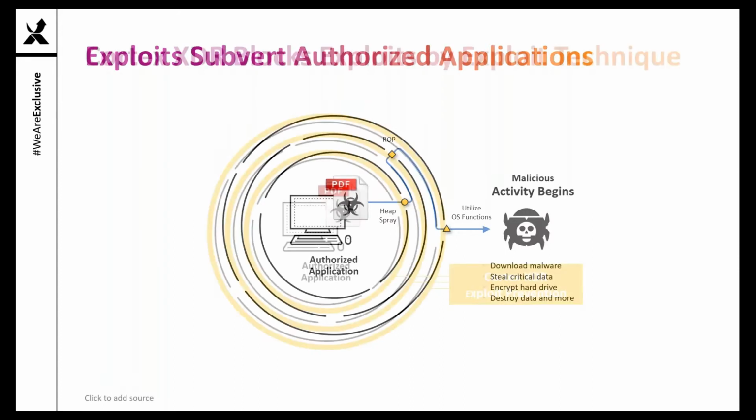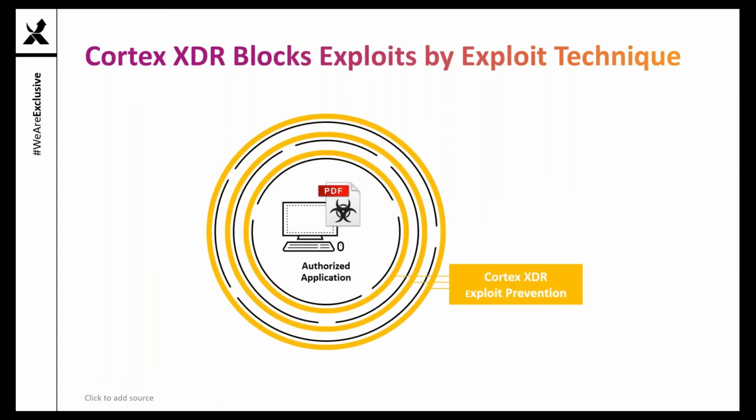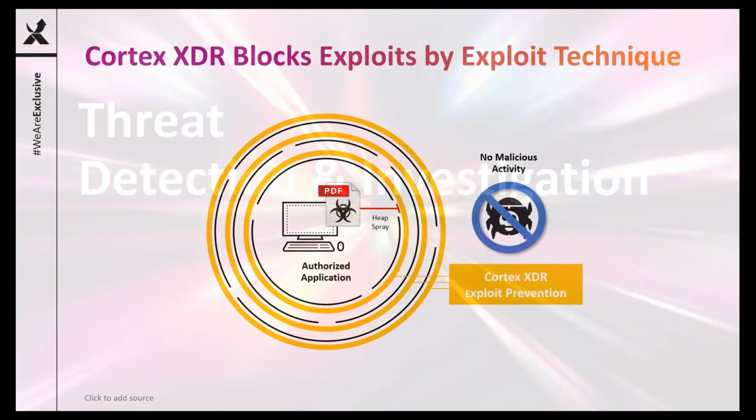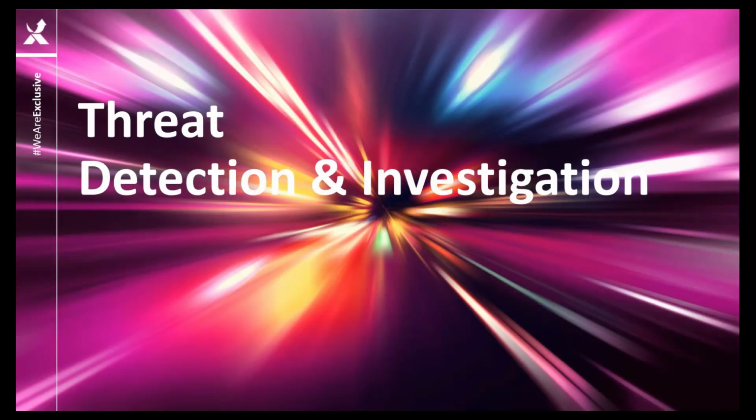And that is done by using exploit prevention modules. So we have, for example, an EPM for heap spray, and we have other EPMs for example, DLL injection. So that was the prevention part. Now let's continue to threat detection and investigation.